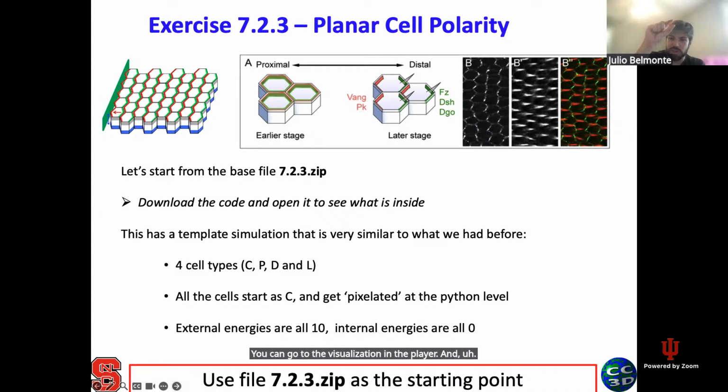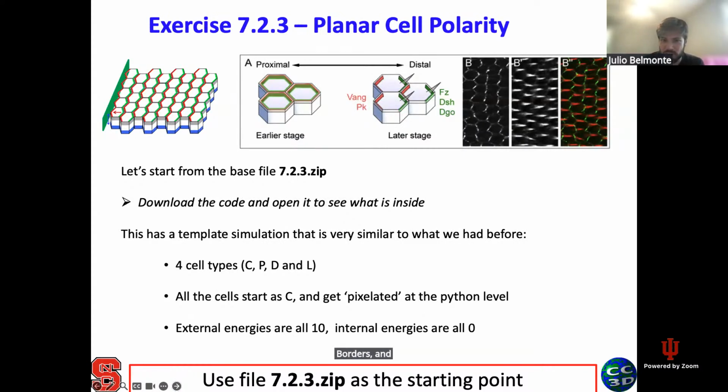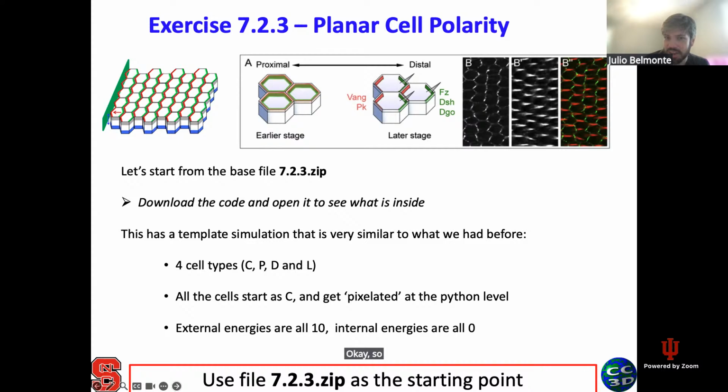Under visualization you have an option of cell borders and cell cluster borders. Select only the cell cluster borders, so unselect the cell borders, and when you do this you get an output that looks a little bit more like what Anastasia has, where you don't draw the boundaries between the compartments. So that's going to aid your visualization.